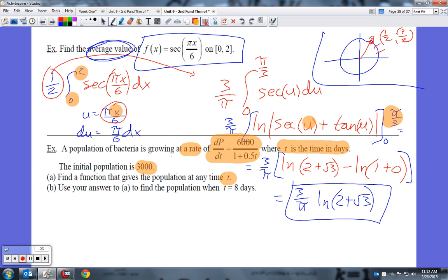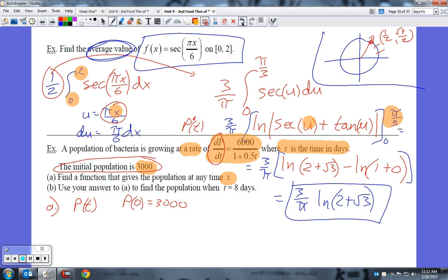T is equal to 0. So what's my position function? This is that. So my position is this, right? So P of 0 equals 3,000. That's that. And I'm trying to find the function that gives the population at any time.